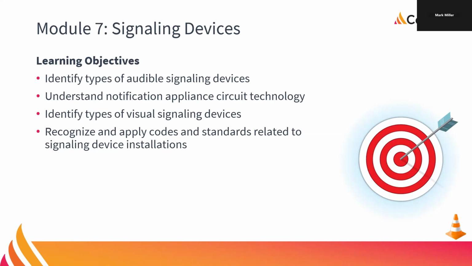We don't need to do that because we have eyeballs and earballs so that we can do that ourselves. They function completely differently from initiating devices. So we're going to talk about that. And of course, we have completely different rules for our signaling devices. So we're going to be talking about that as well.